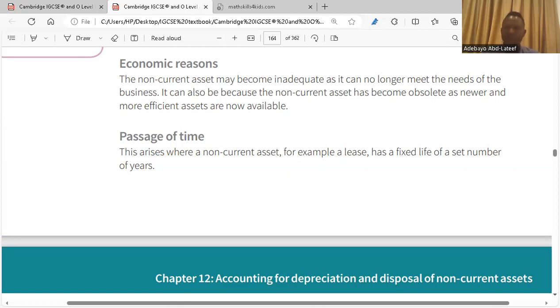The first is that the non-current asset does not fit the demand of the business anymore. The second one is obsolete, which means that asset becomes so old that new ones have evolved. So when they see you still using that old one, that means your business is not serious. As a result, that asset has depreciated. That's the second point. Is it clear?